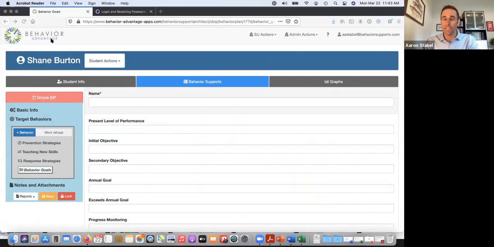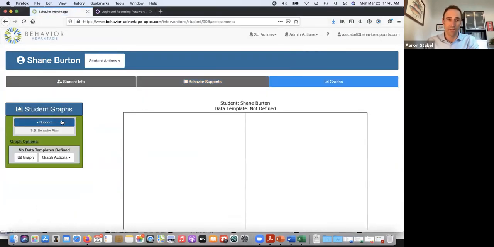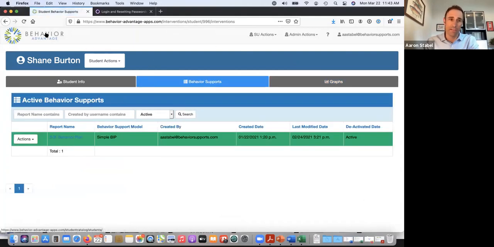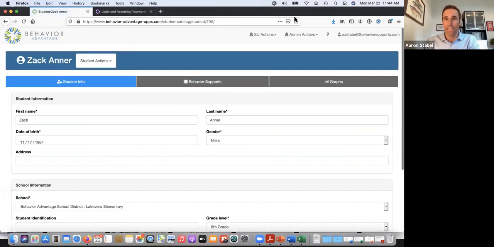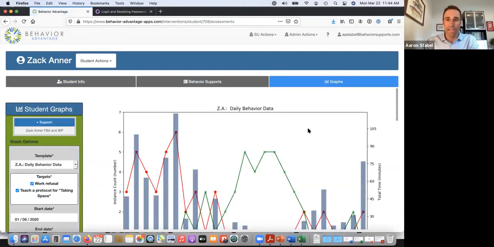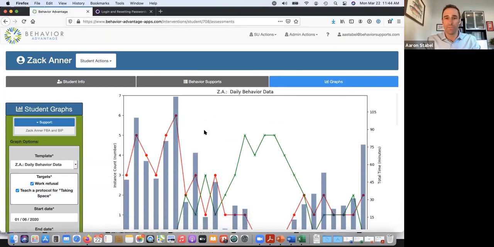And then lastly, how are we going to progress monitor this? And so we can look at all sorts of ways of doing that. Let's look at maybe something like Zach. Let's say we started taking data on work refusal behaviors and using his replacement behaviors.